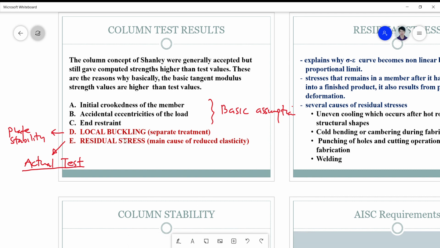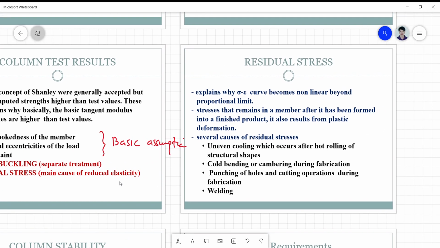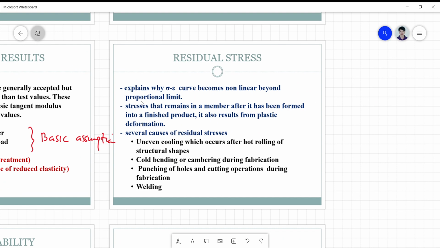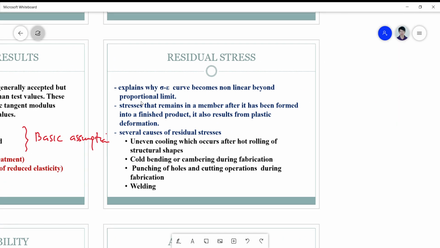So the local buckling will be separately treated, and the residual stress explains why the sigma-epsilon curve becomes nonlinear beyond the proportional limit. The stress that remains in a member after it has been formed into a finished product results from plastic deformation. So this has something to do with the manufacturing process.